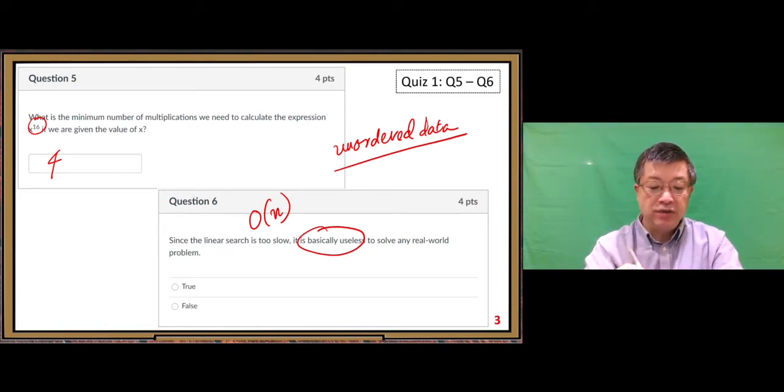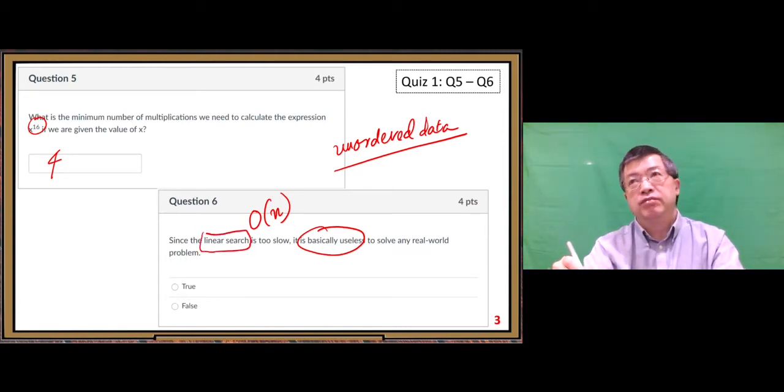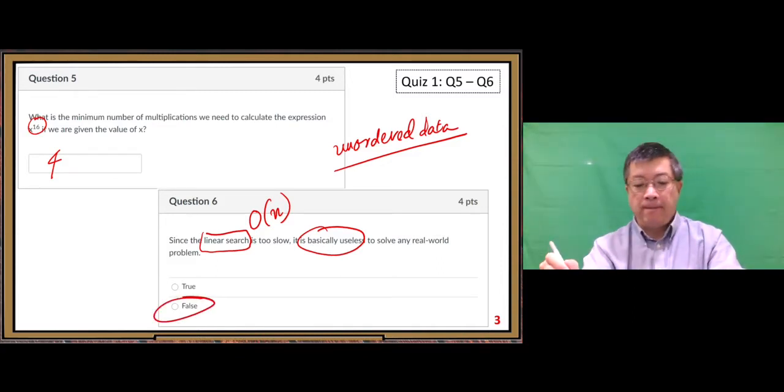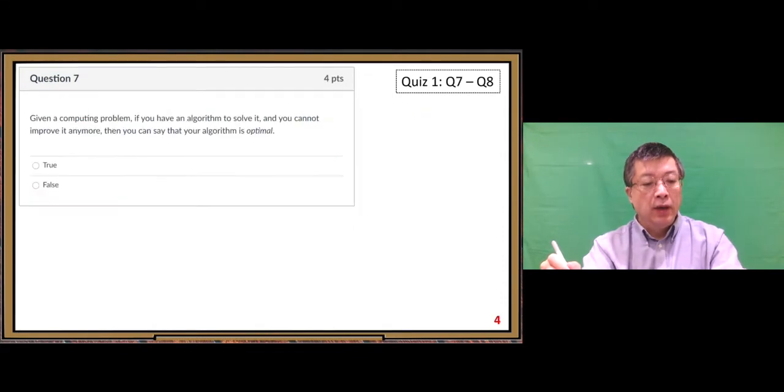In that situation, the only way you can go is linear search, right? Yeah, it is slow, but there is no better solution. So we have to take it. We cannot say it is useless. So the answer is false.